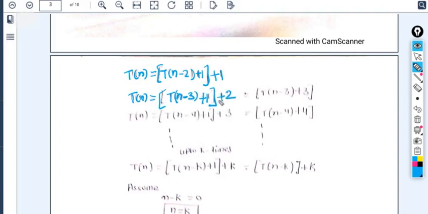This 1 plus 1 becomes 2, so you can rewrite it as T(n-3) + 3, because 2 plus 1 becomes 3. Next, T(n-4) + 1 + 3 will become T(n-4) + 4. And so on.